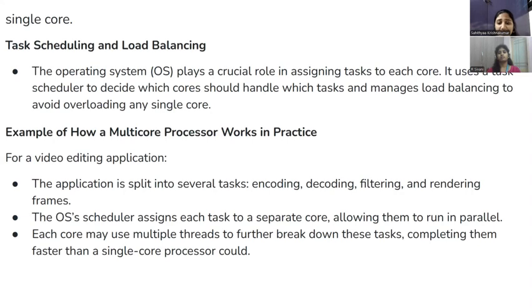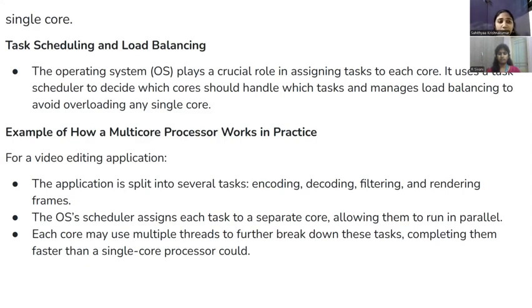For example, core 1 might be handling encoding, core 2 might be handling decoding, etc. Within each of these tasks, if the processor supports multi-threading, each core may further divide its workload across multiple threads. This setup drastically reduces the time it takes to complete complex tasks compared to a single-core processor. In a single-core processor, each task would be handled sequentially, and it would take a long time.